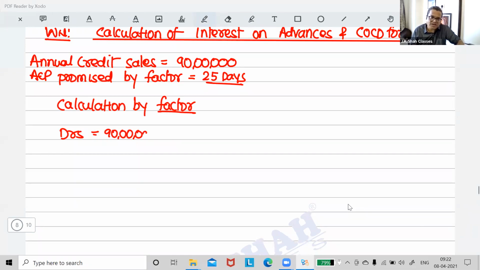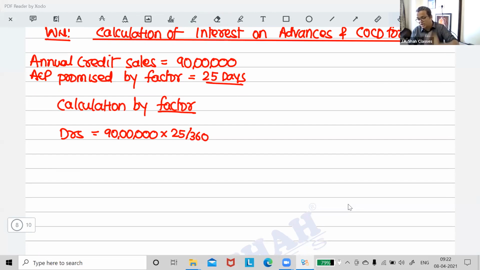Keep your calculations at your place. This is what the factor is telling the client. I will always collect the money in how many days? 360 days. So according to me, for your debtors for 25 days, it is going to be 6,25,000. Simple. My calculations are simple.